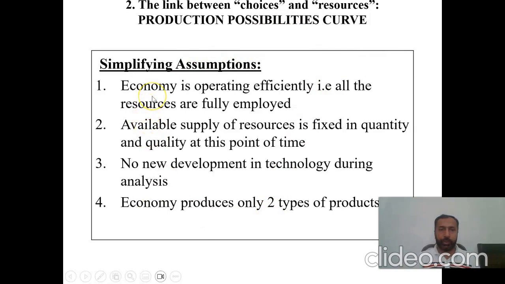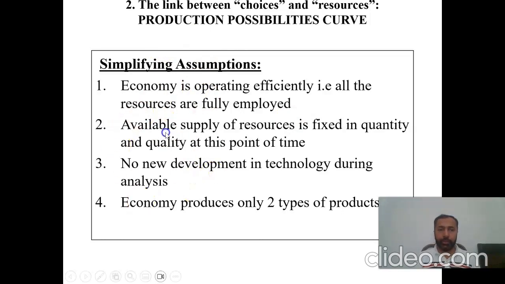The first assumption is that the economy is operating efficiently, that is, all the resources are fully employed. The first assumption is full employment of all the resources, resources like land, labor, capital, and entrepreneur. All these resources are fully employed. No resource is being wasted.